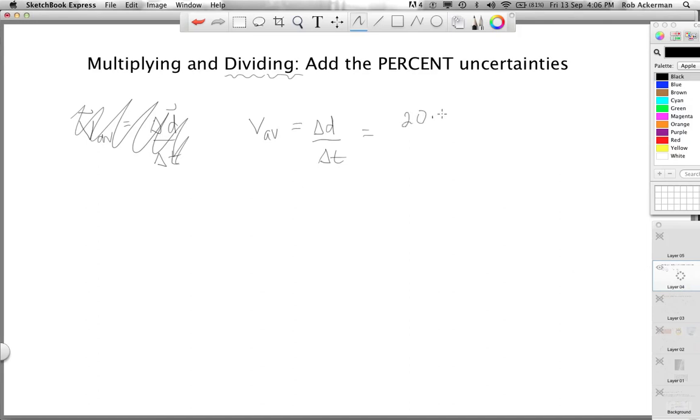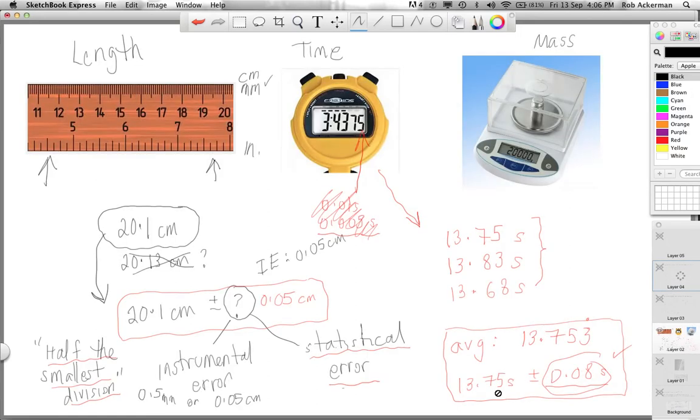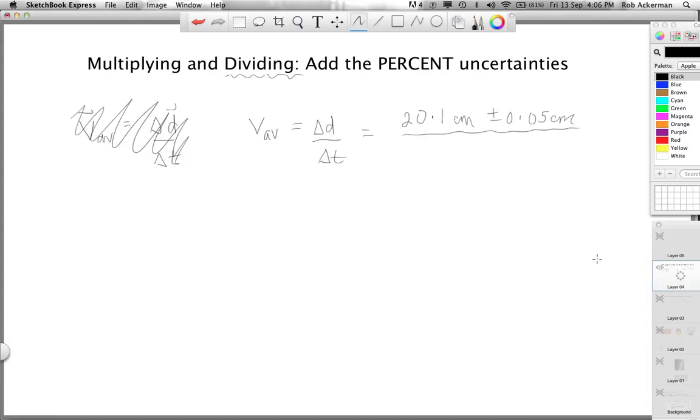So 20.1 centimeters plus or minus 0.05 centimeters, and we're going to divide that by this number here, 13.75 plus or minus 0.08.